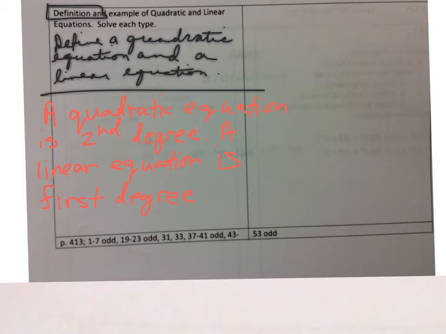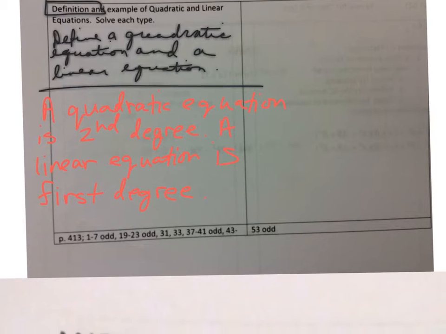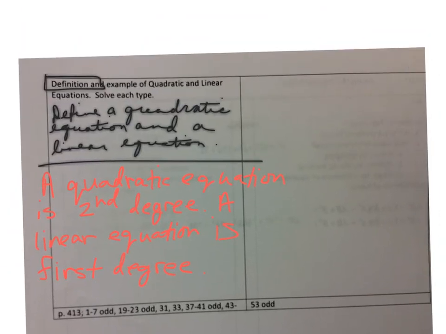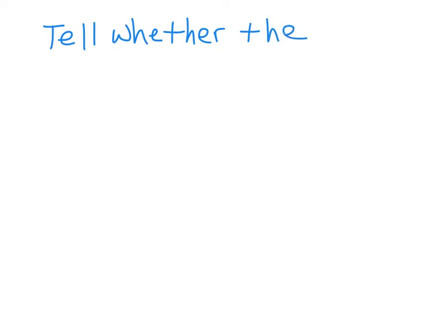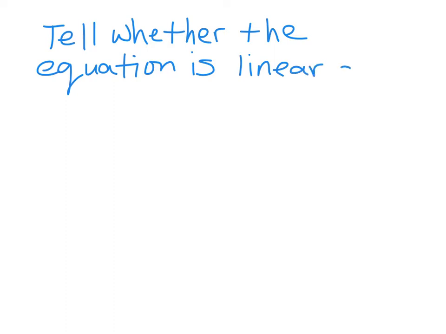Okay, but then I'm going to have a couple problems on your test. I can't go down, I got to go up. Probably two, and the directions will say this: Tell whether the equation is linear or quadratic.